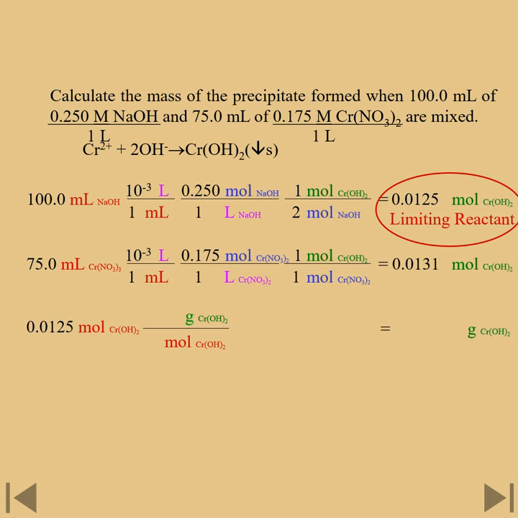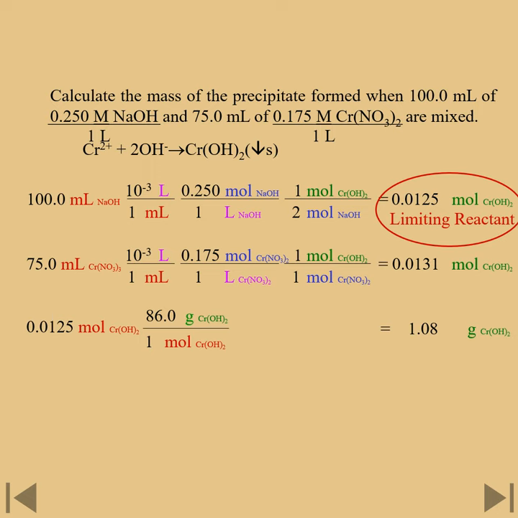Now we need the molar mass of the chromium(II) hydroxide, so 1 chromium, 2 oxygens, and 2 hydrogens, or 86.0 grams per each mole, or 1.08 grams of chromium(II) hydroxide.